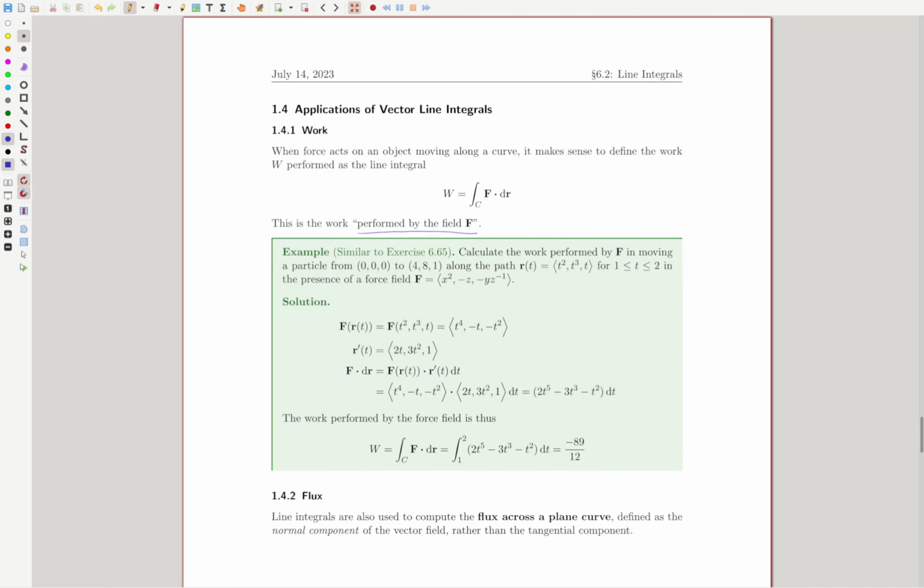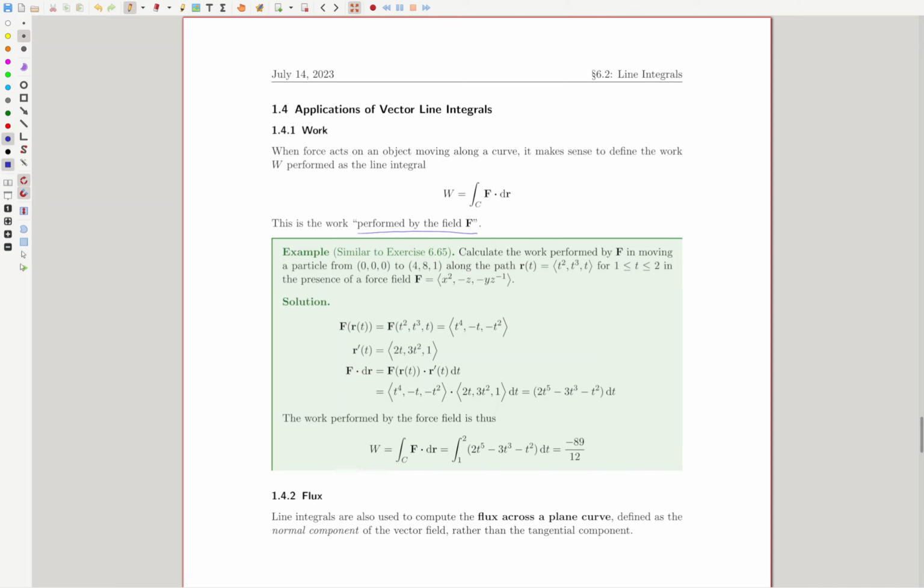So f evaluated, well, plugging r of t into f, I guess I should say. You plug these into here, so you can see that x squared ends up being this t squared quantity squared, which is t to the fourth, minus z ends up being minus t, and then this minus y z to the negative first, that's minus t cubed divided by t, which gives you a minus t squared.